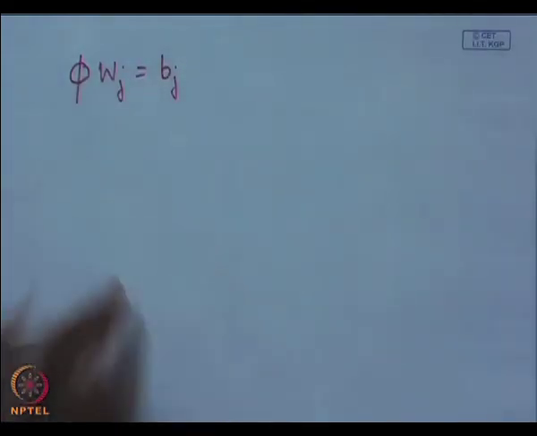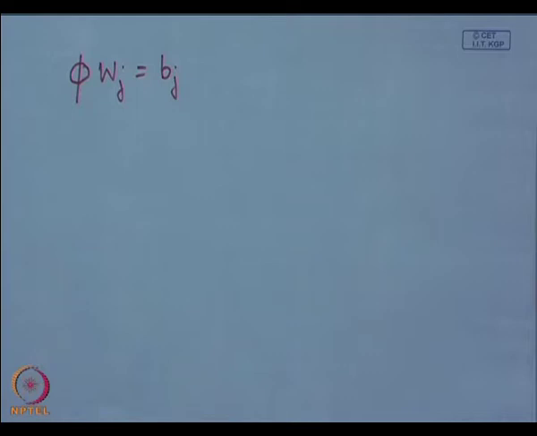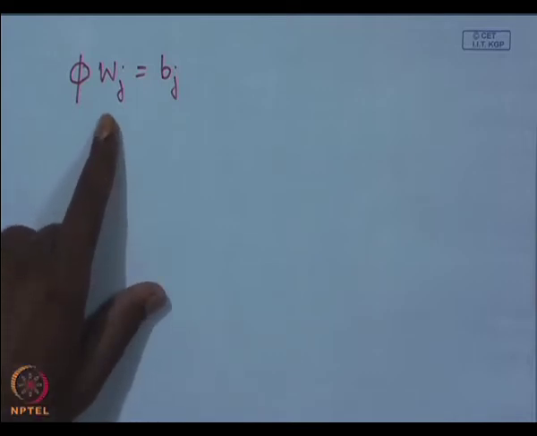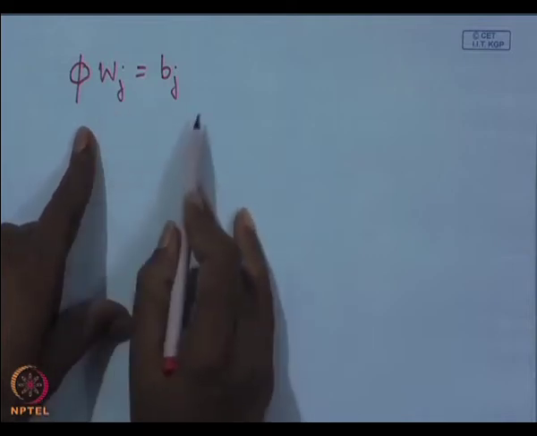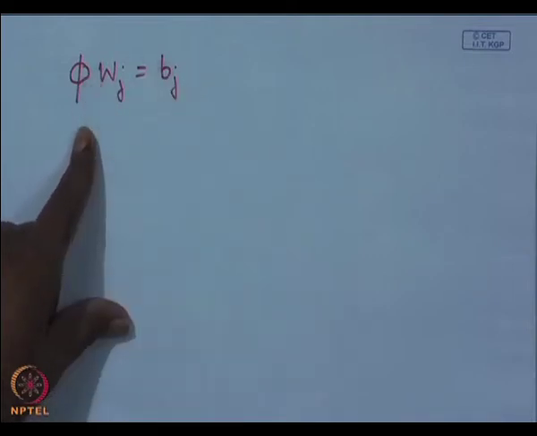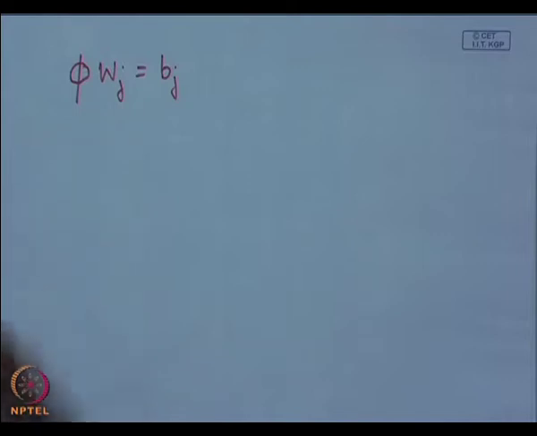So, if the network is properly trained, that is all the w i j have got the trained values, then this equation should be satisfied. But what we are trying to do is train the network, that means we are trying to set the weights w j. So, we cannot expect that this equation will be satisfied initially.